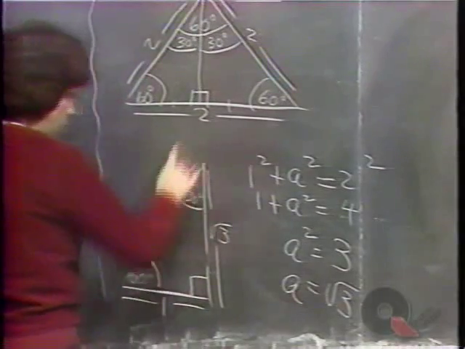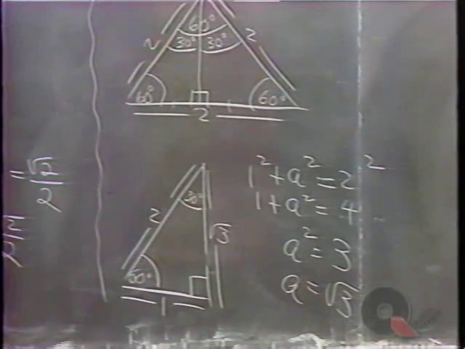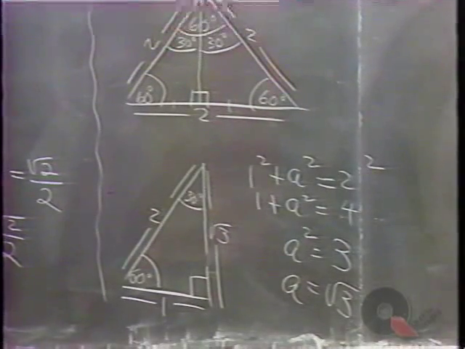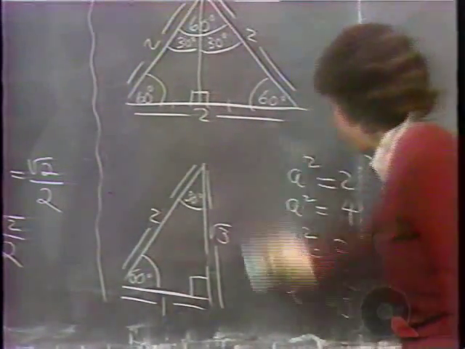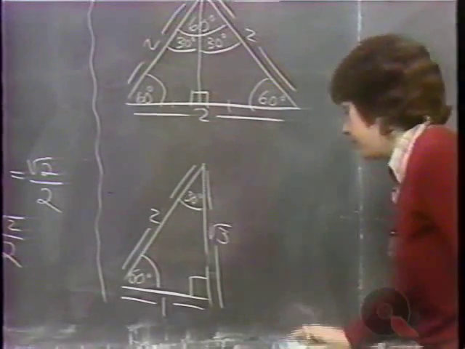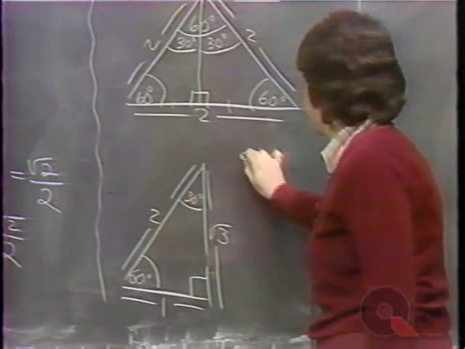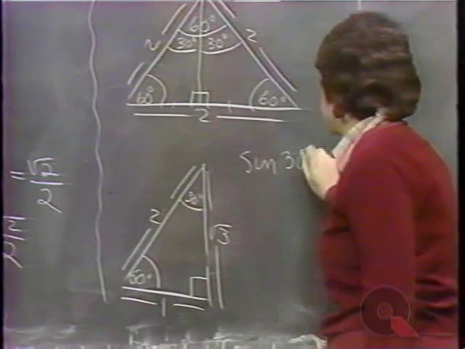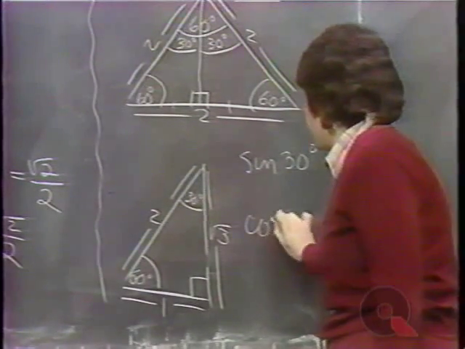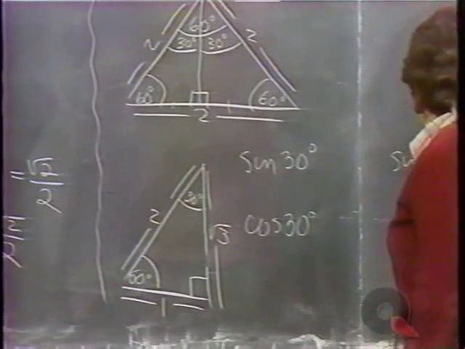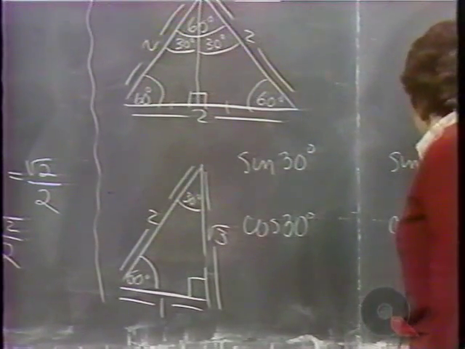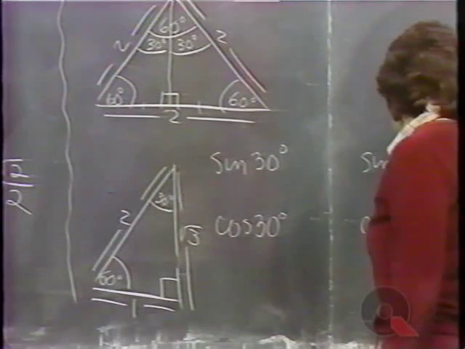Since we know all the sides and we have the angles labeled, from this triangle we'll be able to read off the trig functions for 30 degrees and 60 degrees. Let's do that. We want the sine of 30 degrees, the cosine of 30 degrees, the sine of 60 degrees, and the cosine of 60 degrees.